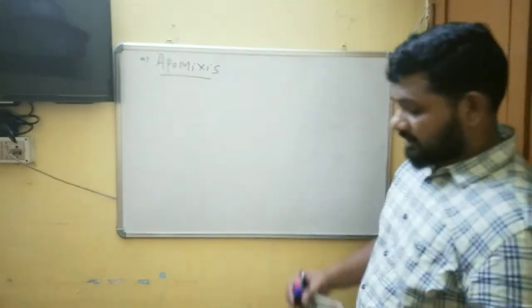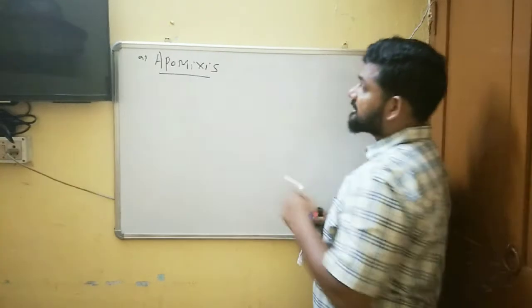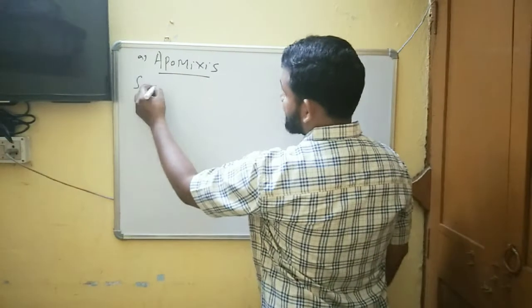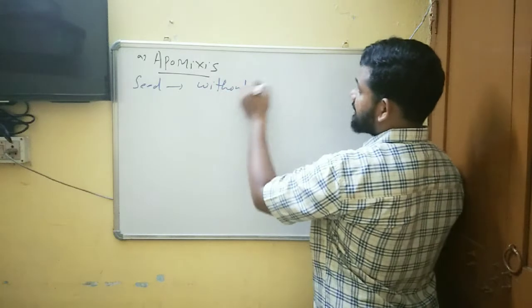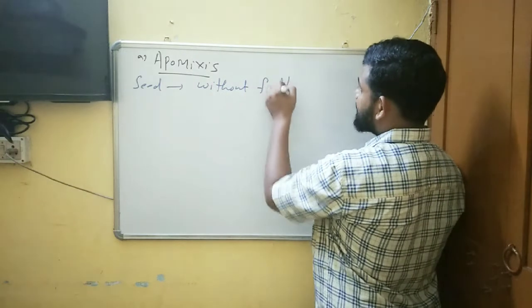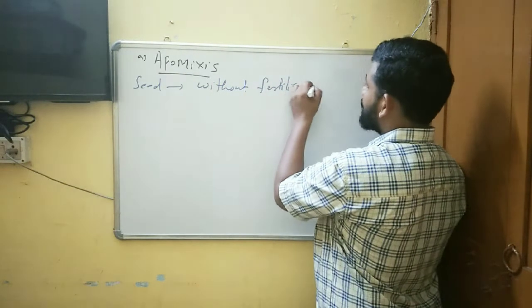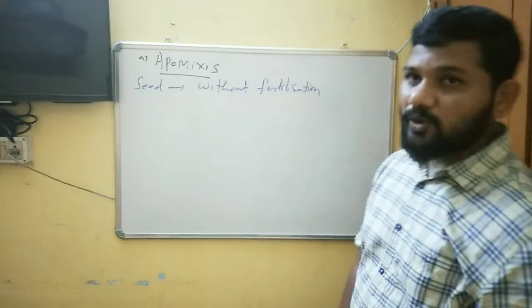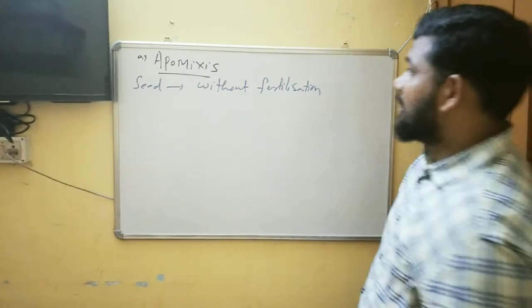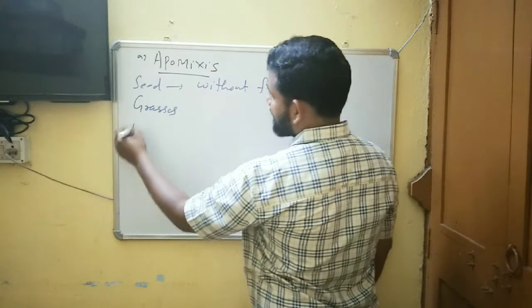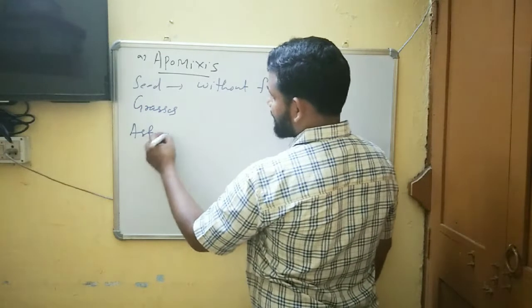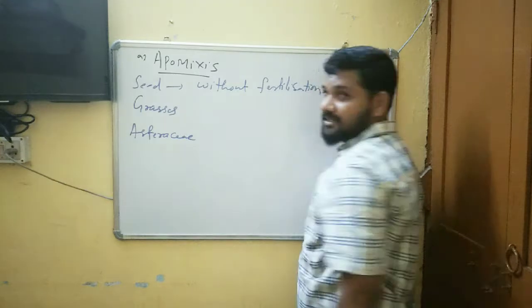So what is apomixis? Apomixis is the formation of seed without fertilization. Formation of seed without fertilization is called apomixis. Apomixis can usually be seen in some plants like grasses and the Asteraceae family.